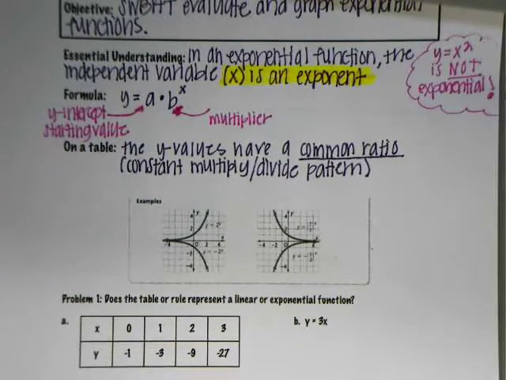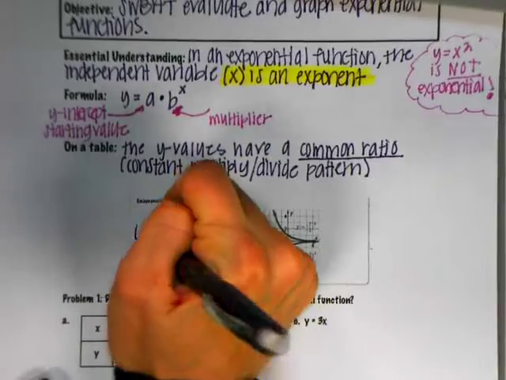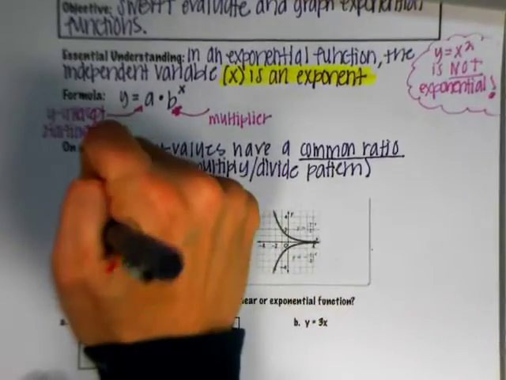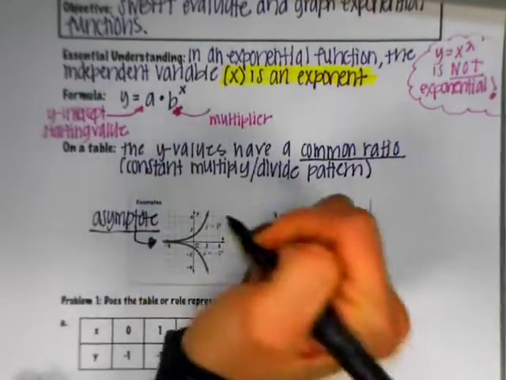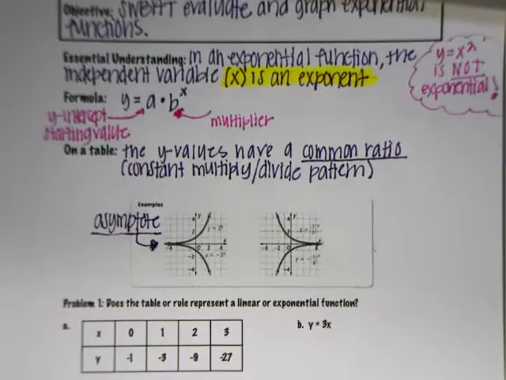But the behavior of these generally is that one end is going to be going up or down really, really, really fast, and then the other one is kind of leveling out, and it approaches this thing called an asymptote. And it's not always the x-axis. It can shift up and down.